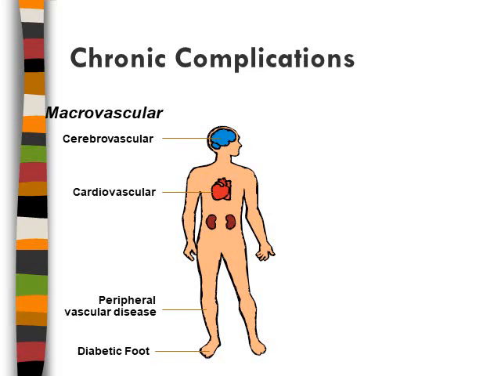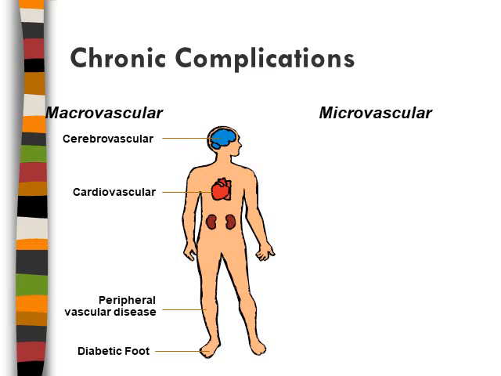Diabetic foot primarily is a combination of macro and microvascular disease, because both peripheral vascular disease and neuropathy take part in the development of diabetic foot. Another combination of macro and microvascular disease in diabetes is erectile dysfunction. Microvascular disease will be the main topic of this lecture and the next lecture.